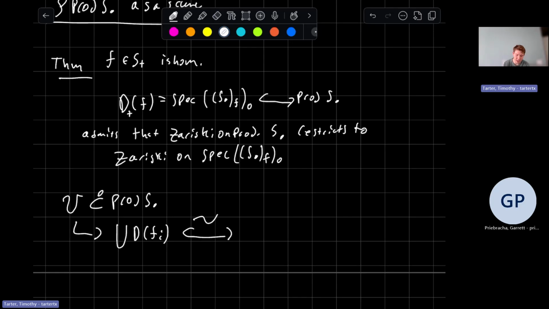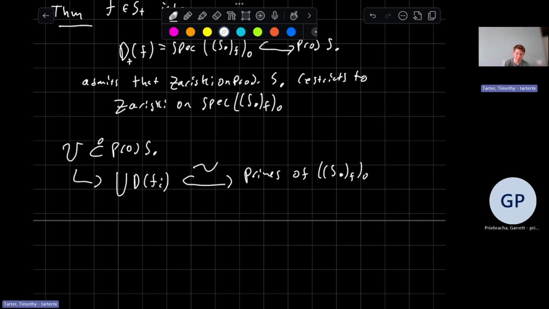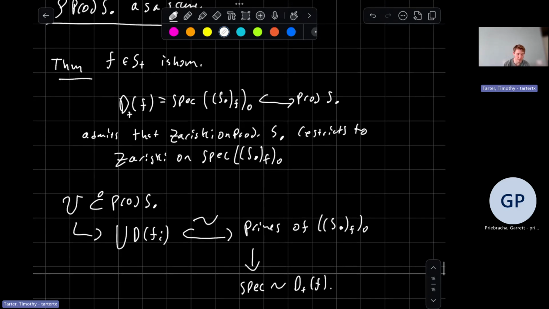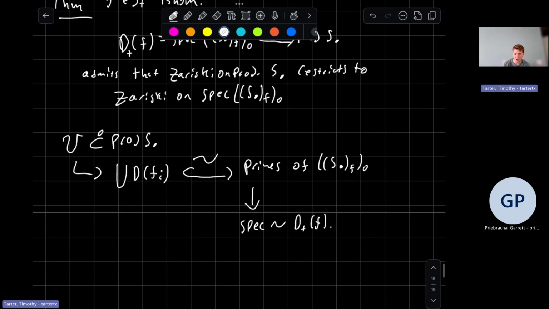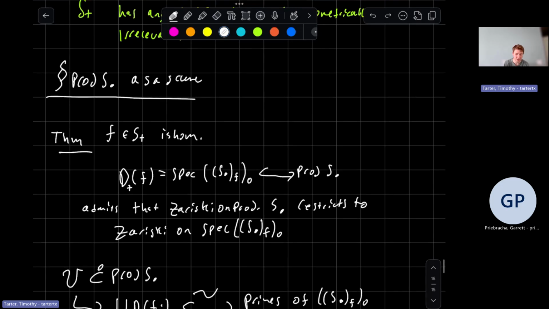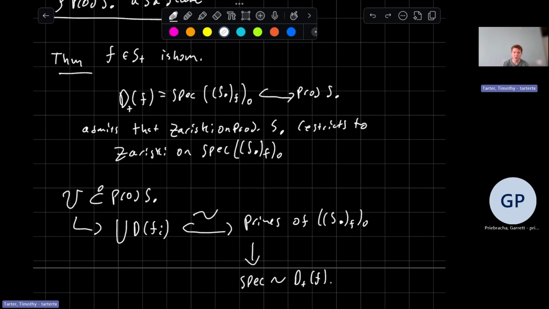But they restrict through that bijection to primes of S bullet F0, which in turn correspond back through Spec to D plus of F. And so open sets go to open sets through the inclusion by restriction to irreducible open components in Proj S. And this makes Proj S a topological space in terms of how we want to define the structure sheaf on Proj S as a topological space.